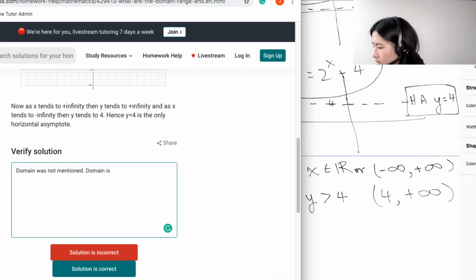Domain is x is, let me just type that here. x is all real numbers, or negative infinity. Okay, let me just quickly get the infinity sign.